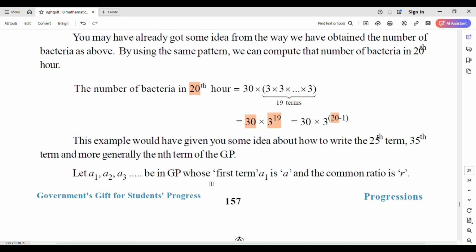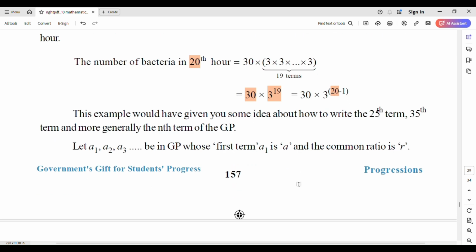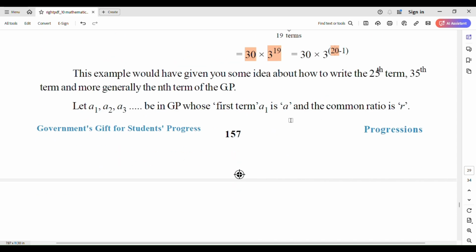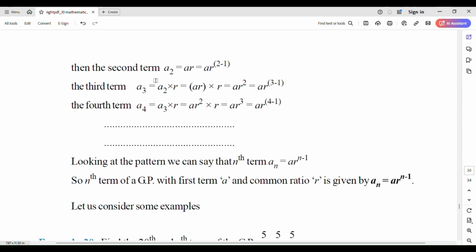From this we can easily derive a general equation for the nth term of a geometric progression. If a1 is the initial or first term, then the second term is a into r to the power of 2 minus 1. The third term is a into r to the power of 3 minus 1. The fourth term is a into r to the power of 4 minus 1, and so on.